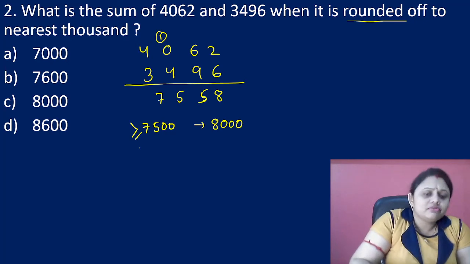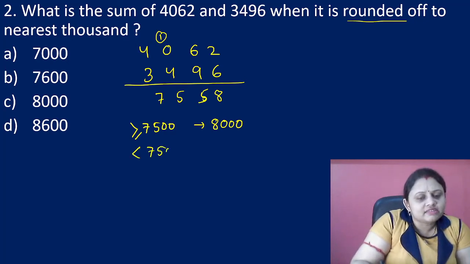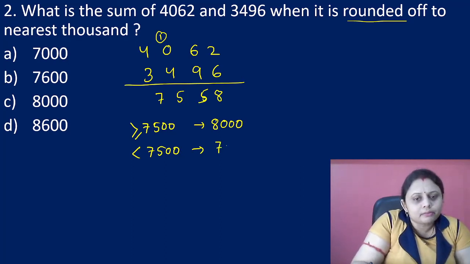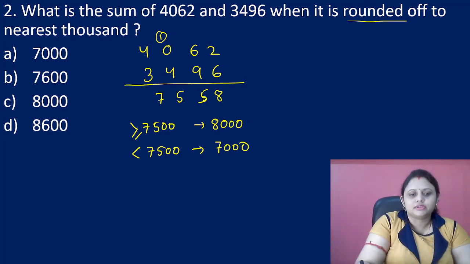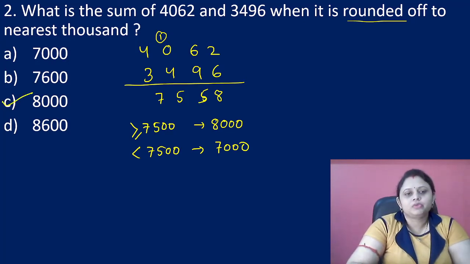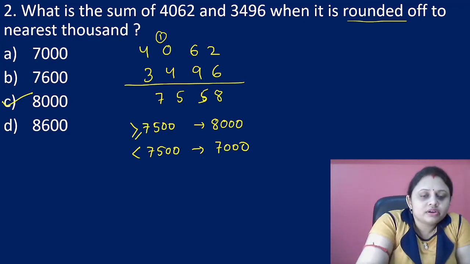And if a number is less than 7500, then when we round it off to the nearest thousand, the number will be 7000. Clear bachcho? So 7558 is greater than 7500. So what will be our answer? Our answer will be 8000. Okay, everyone got it? Okay, let's move to our next question.